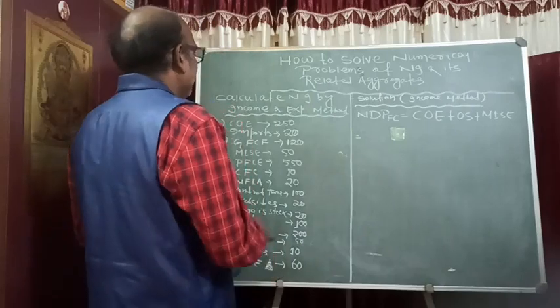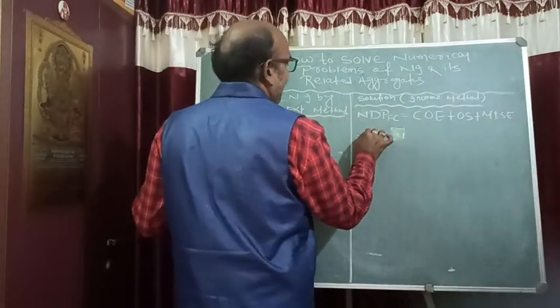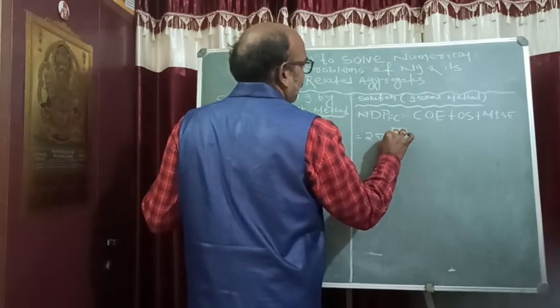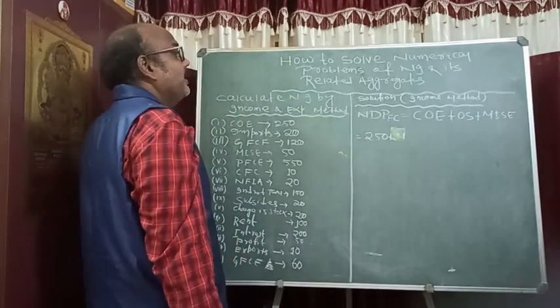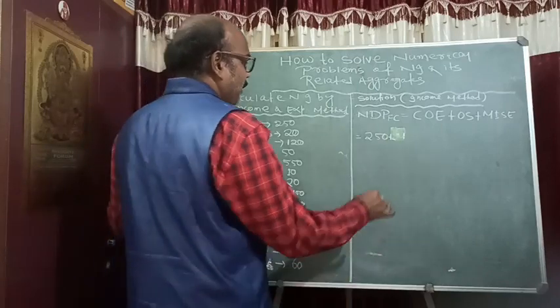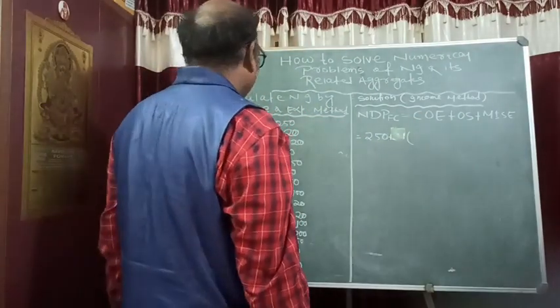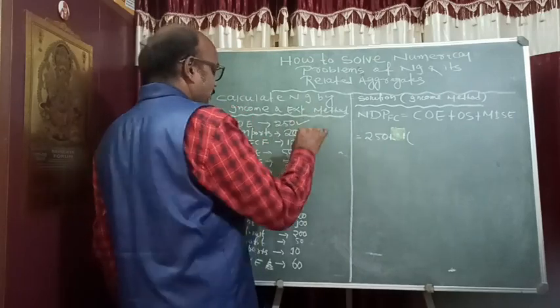Compensation of employee is directly given, that is 250 plus. Then operating surplus: that is the income from property and income from entrepreneurship.